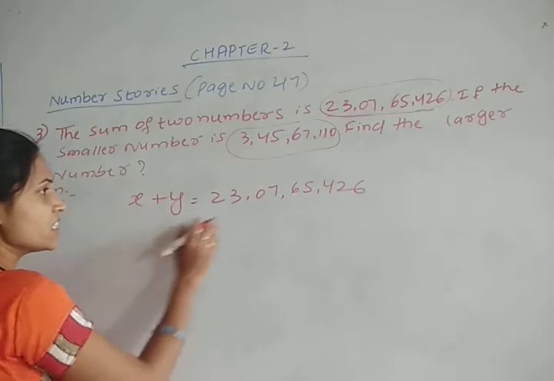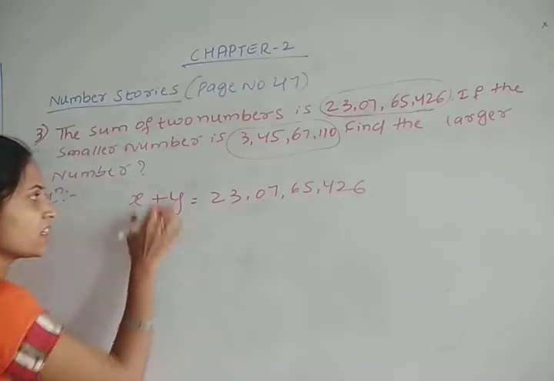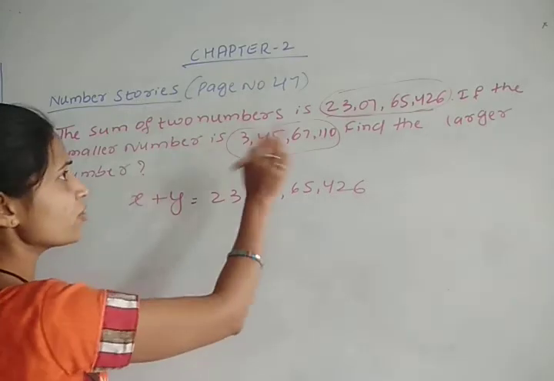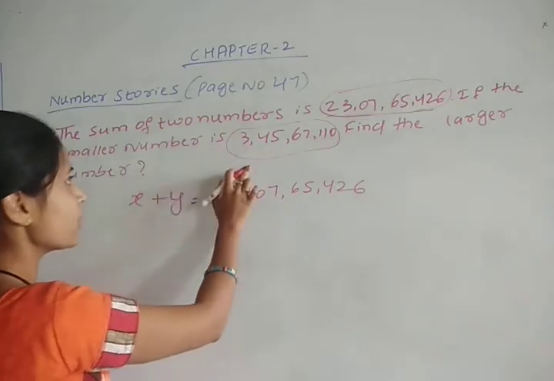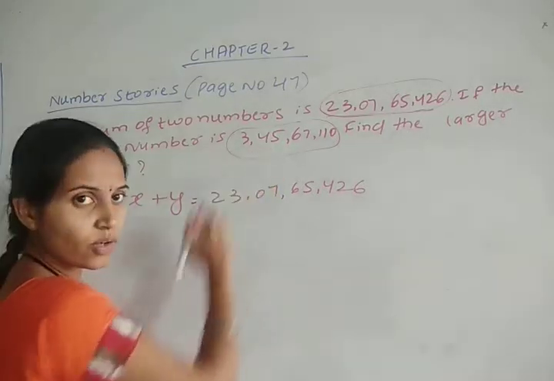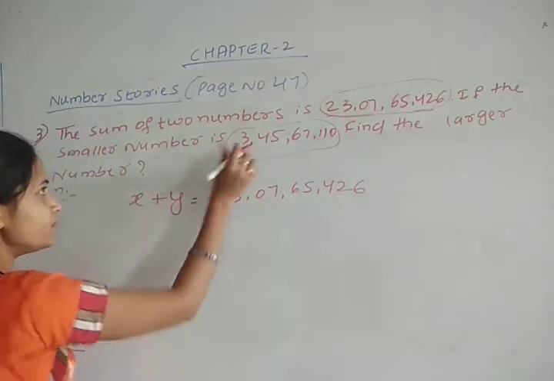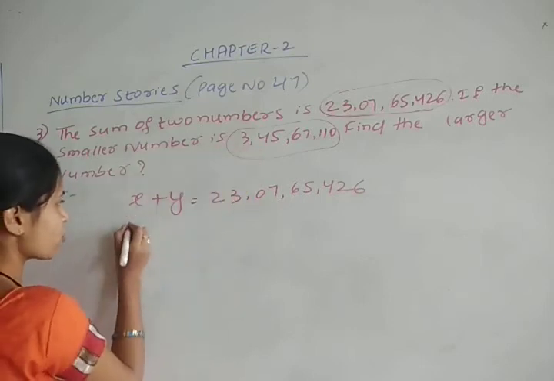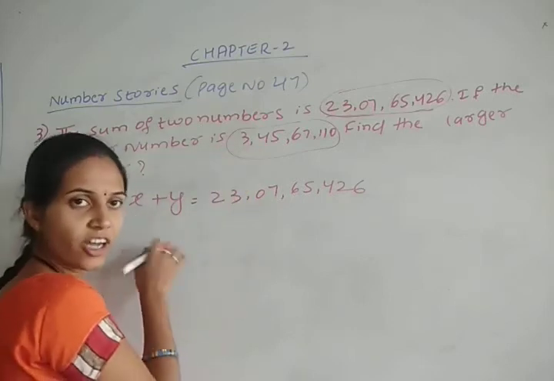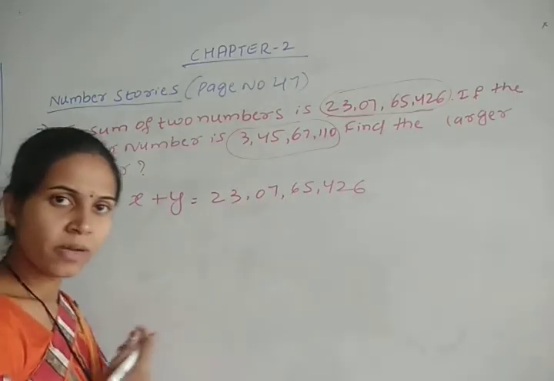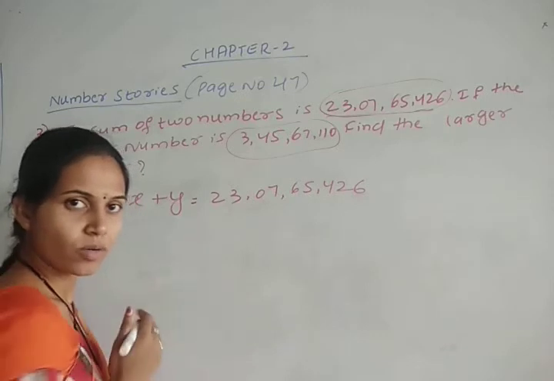Now they have given you the value of the smaller number, that is 3 crore 45 lakh 67,110. If I substitute this value in place of x or y, either one you can consider as the smaller one, and the remaining will automatically be the larger one.